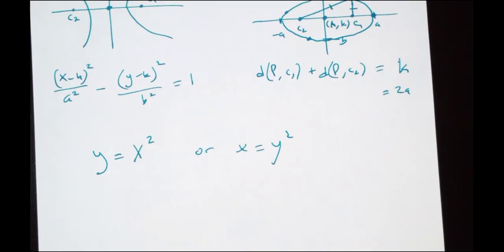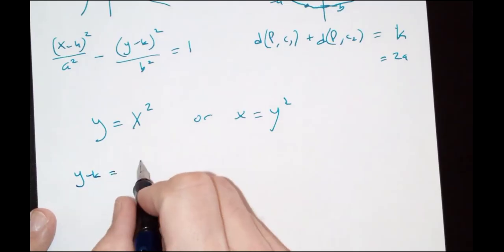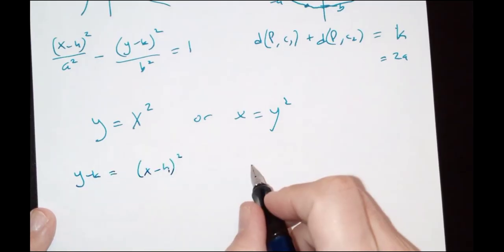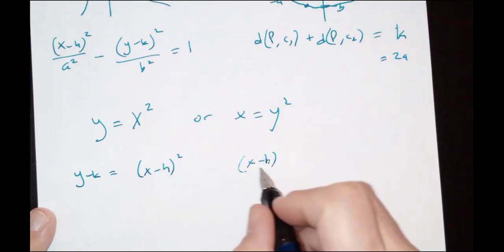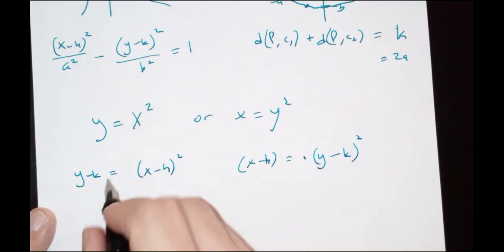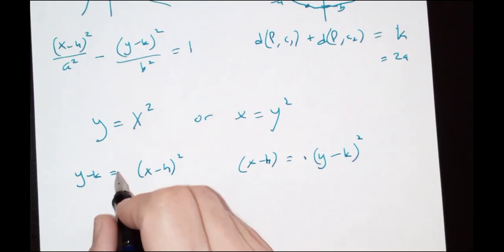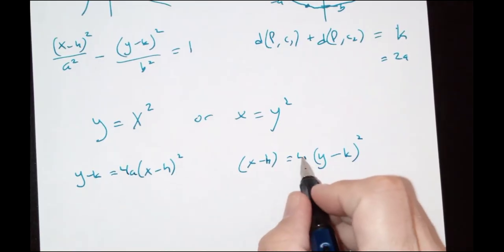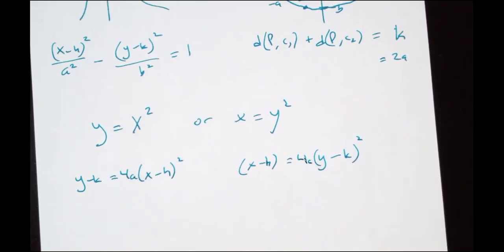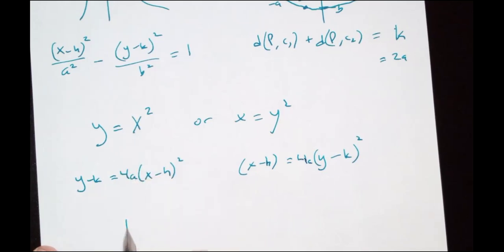Frequently, again, I'll put in the k's and the h's. Frequently we'll take the number in front and we'll pull a 4 out of it. So in this case, when I have a 1 in front, I would think of that 1 as being 4a, and then a would be a quarter.